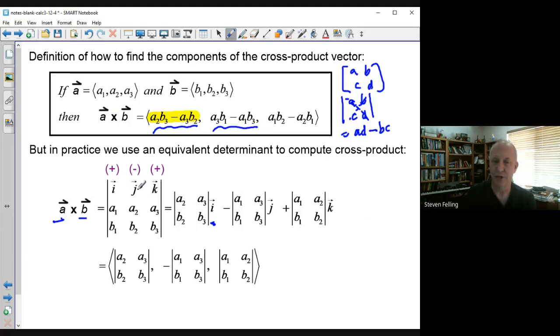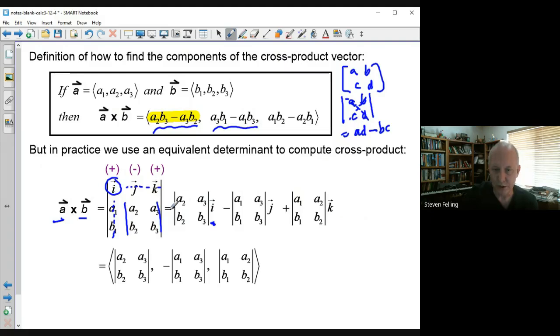And just a reminder that when we compute a 3-dimensional determinant, while we're working on the first component, we temporarily cross out its row and column, and then we take the determinant of the remaining 4 objects. So that means the component i, or the x component, is the determinant of A2, A3, B2, B3, which is A2 times B3 minus A3 times B2.